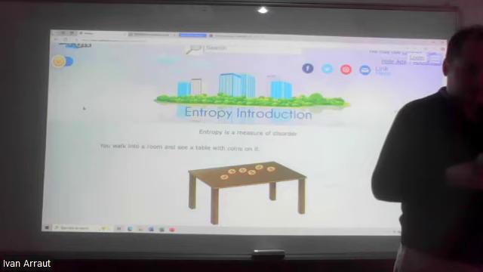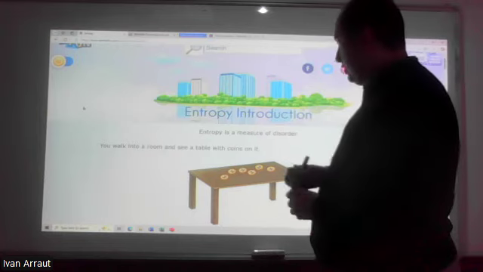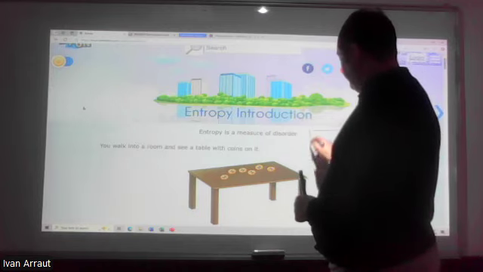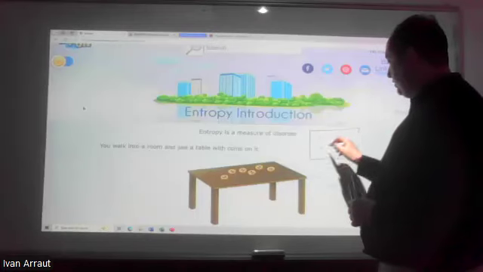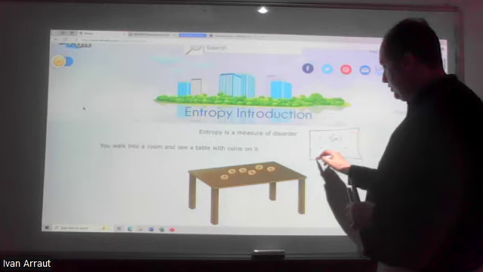Once we have a system in some equilibrium conditions, I have this box with some molecules, some gas, at some temperature.